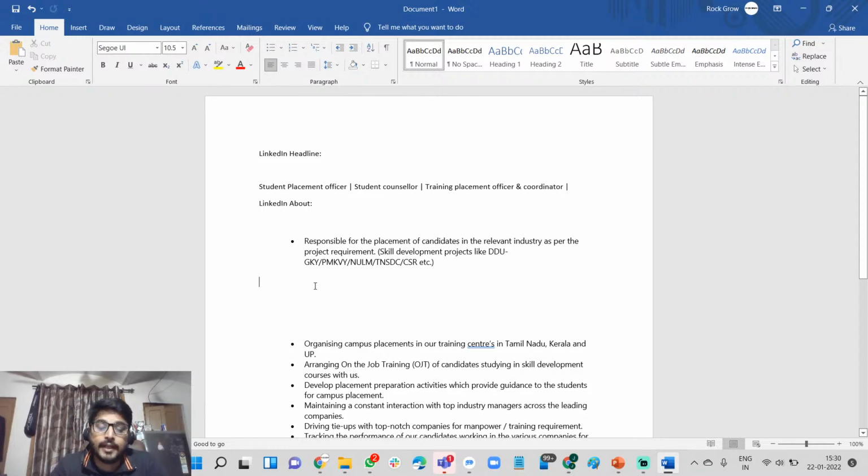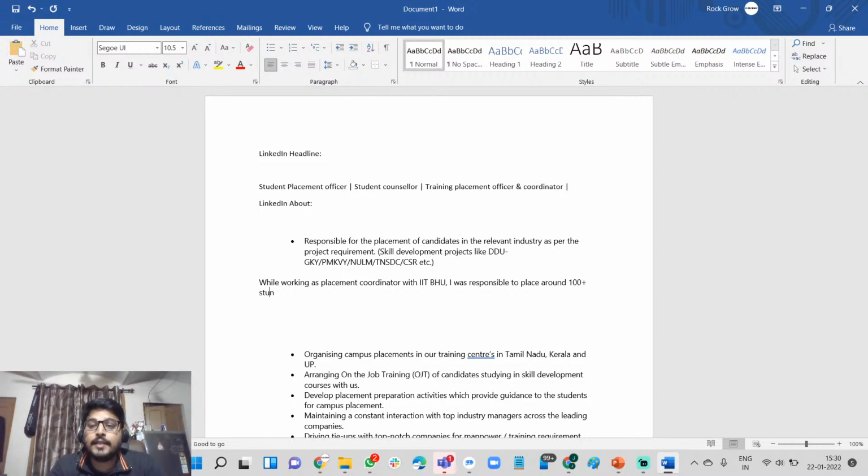So what I can write here is that while working as placement coordinator with IIT BHU, I was responsible for placing around 100 plus students from my first batch, in my initial experience itself.